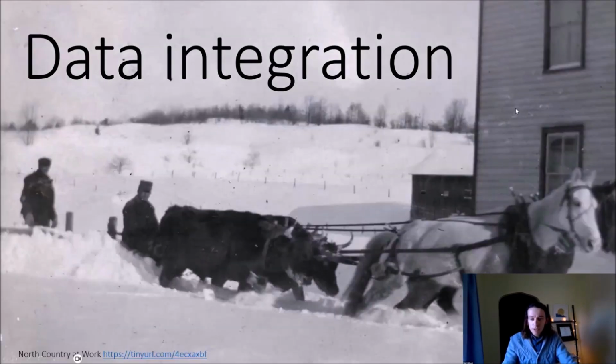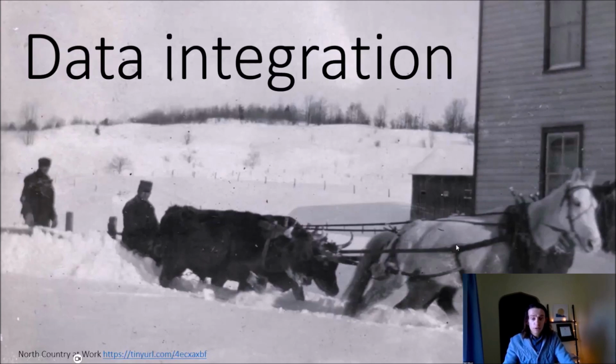Before I go into specifics, I want to start with a metaphor for data integration. Here I'm showing you a picture from maybe the early 1900s. We've got a snowplow team where a pair of horses and a pair of oxen are hitched up together to plow a road. I think this is a lot like iSDMs, or data integration.